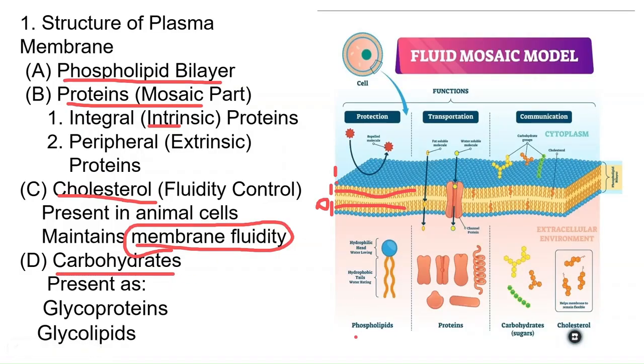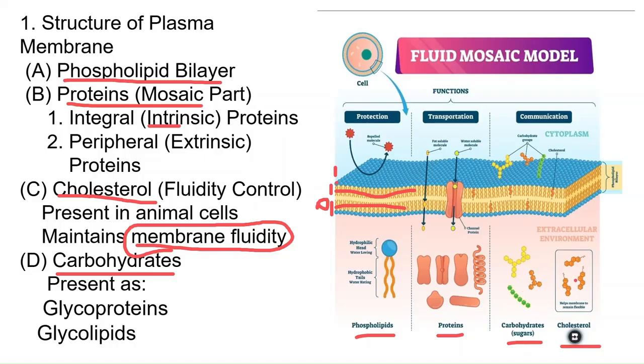So you can see the different substances which make up the plasma membrane. We have the phospholipids, the hydrophilic head and the hydrophobic tail. We have the proteins, the integral and the surface or extrinsic proteins. We have the carbohydrates.